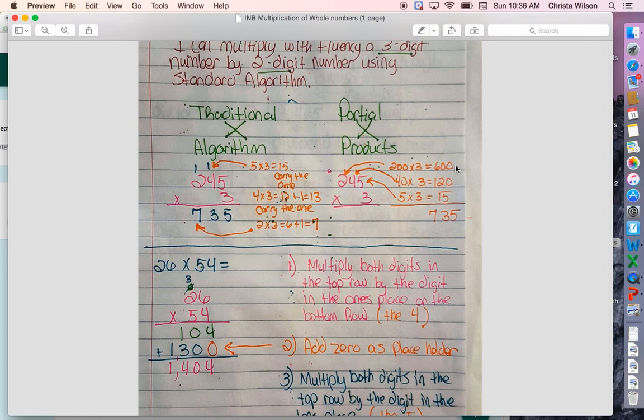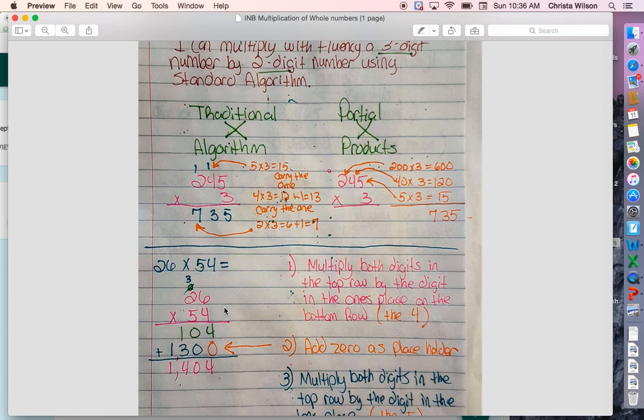So then we go back and we add each one of these partial products together to get your answer. Either way is a great method. It just depends on which one is easier for you, whichever one works. If you have problems remembering to carry your ones and regrouping, this may be your best method, the partial product.